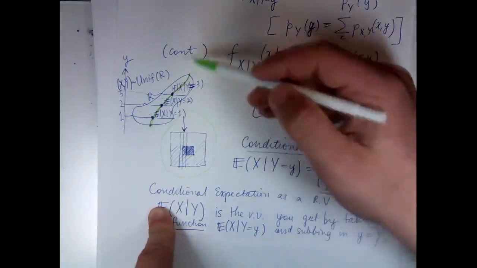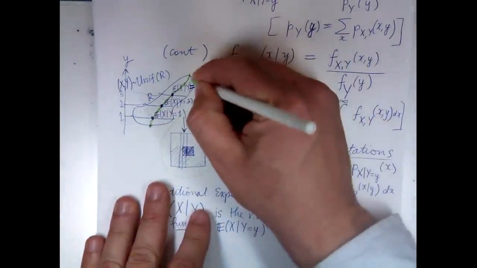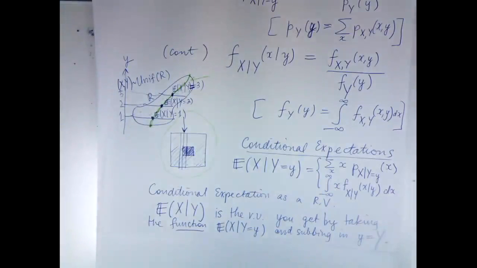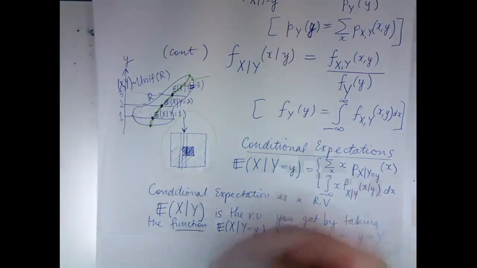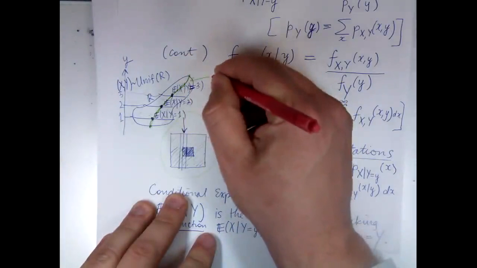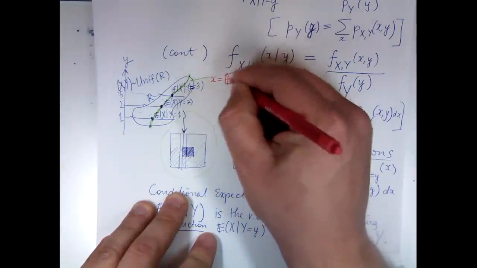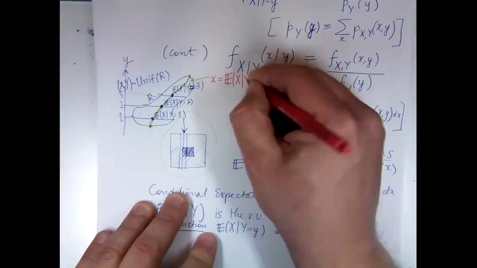So it's not well defined in a region where the random variable never lands. But it is well defined here, and that's what it looks like. So that green thing, in case anyone was wondering, is nothing other than the curve. It's x as a function of y. Lowercase x equals the function of y given by the expected value of x given y equals y.